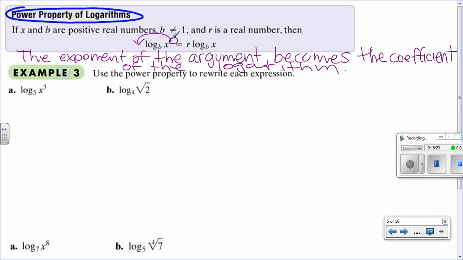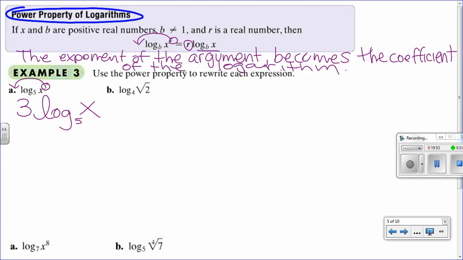Just like you see it here. What do you guys think the r and the expression log of x base b are doing to each other? Multiplying, because there's no sign in between. Okay, so that's why we can call it the coefficient. So this is very easy to use. You look at the exponent and you just take it to the front. That's it.